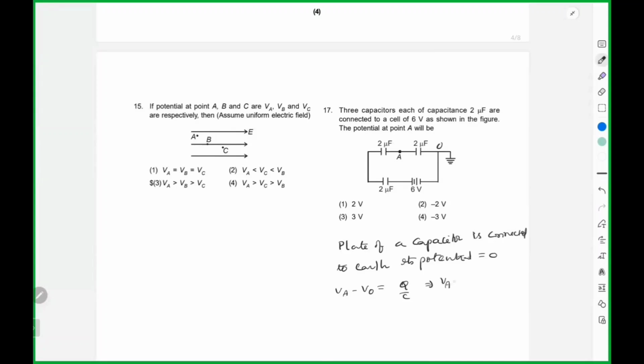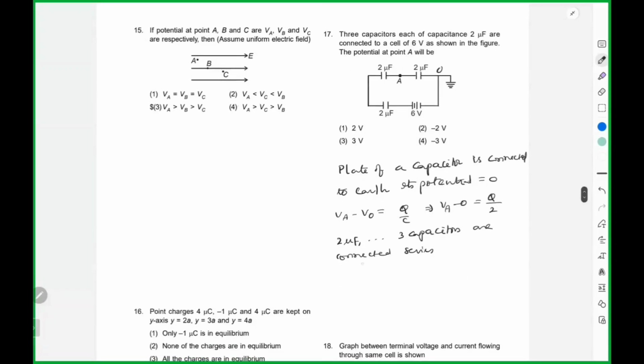that is VA minus 0, equals Q by C. Q we don't know, C is 2 microfarad. Here the three capacitors are connected in series, so the effective capacitance is 2 by 3 microfarads.